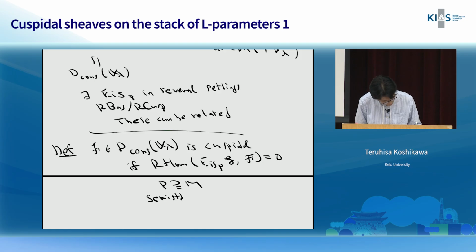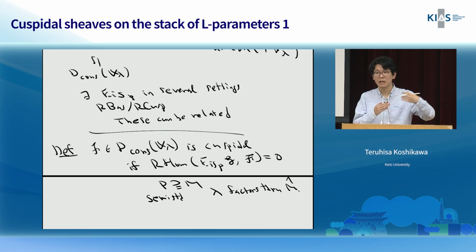This is semi-standard. I need to really allow all semi-standard, not just standard. Okay, and the lambda factors, so M hat contains a fixed maximal torus.